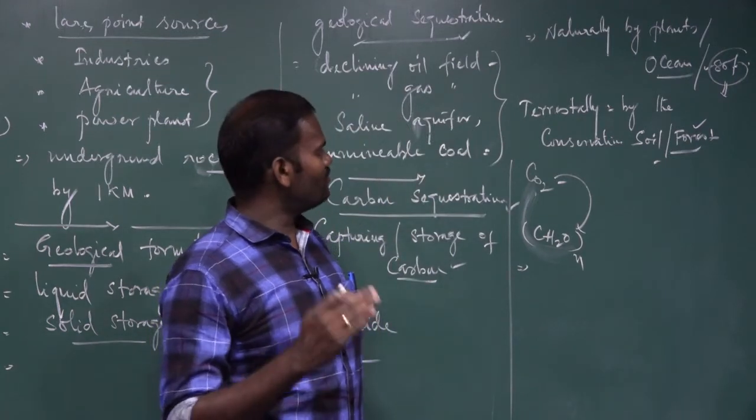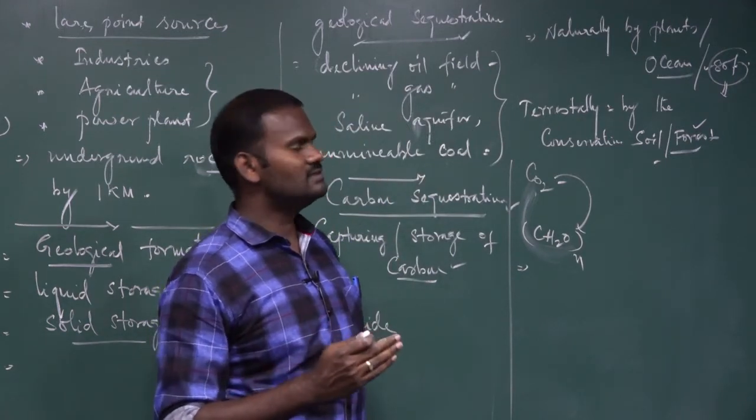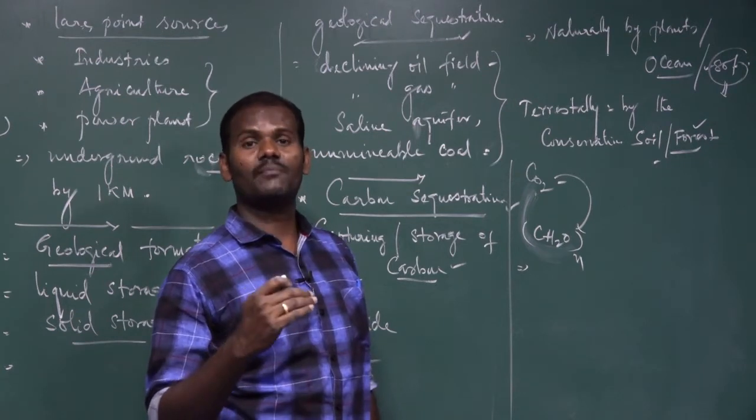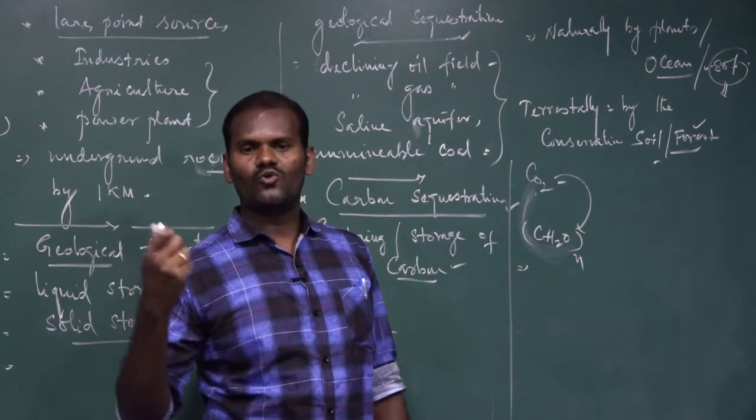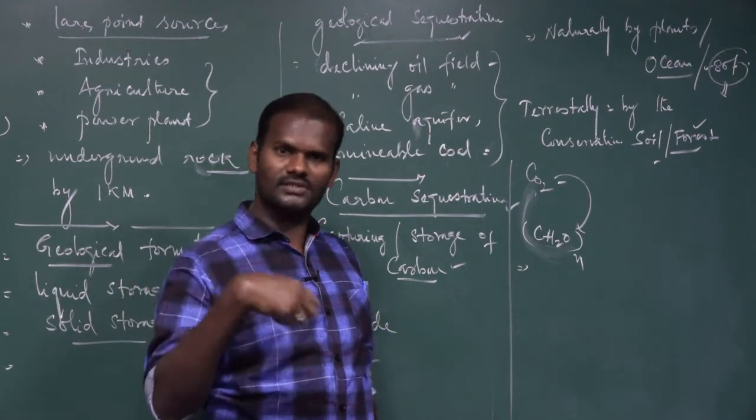So which plants or microscopic plants have the capacity to mitigate or reduce global warming by capturing carbon dioxide?